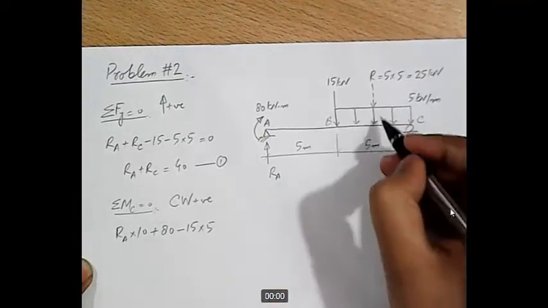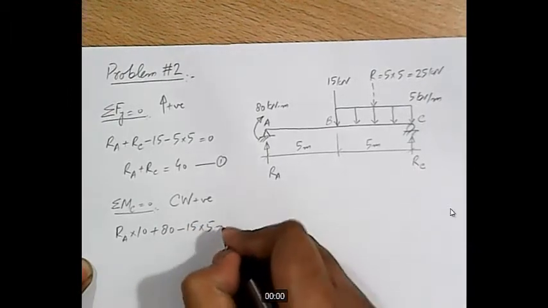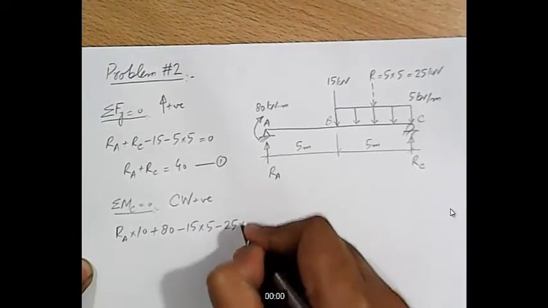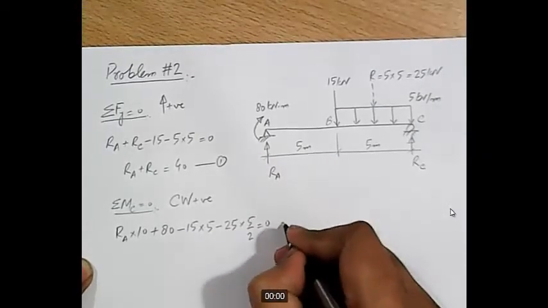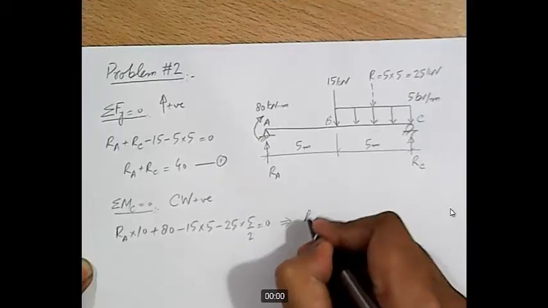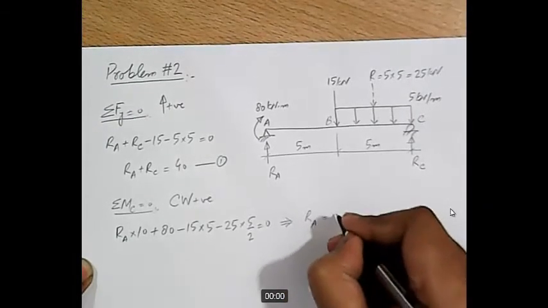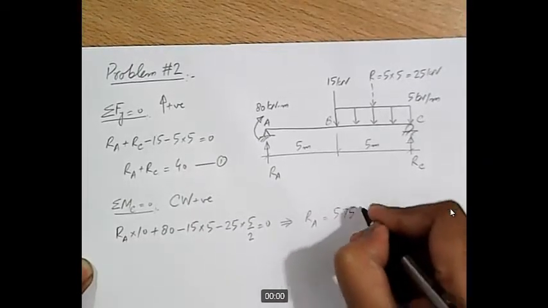And it will produce movement in counterclockwise direction, so it will be negative. Minus 25 is the magnitude of the resultant, and the lever arm is 5 by 2. This should be equal to 0. So if we solve this equation, we get Ra equal to 5.75 kilonewton.